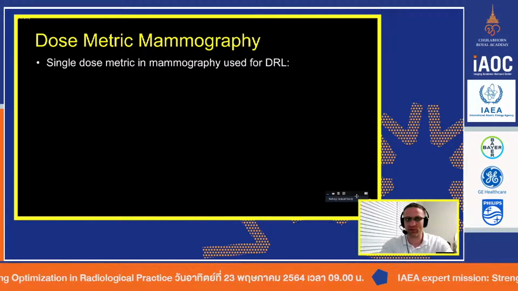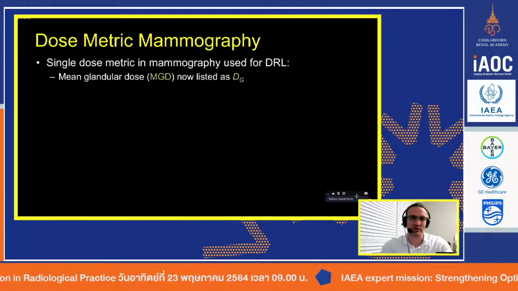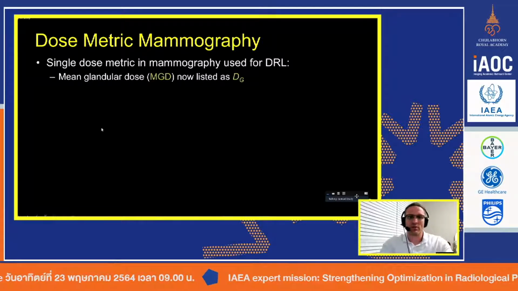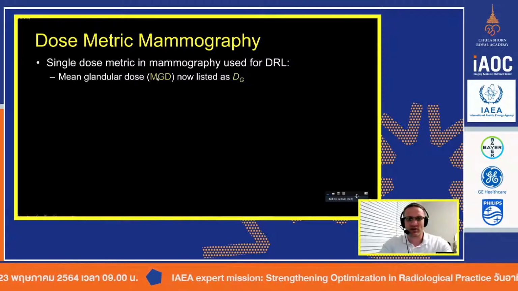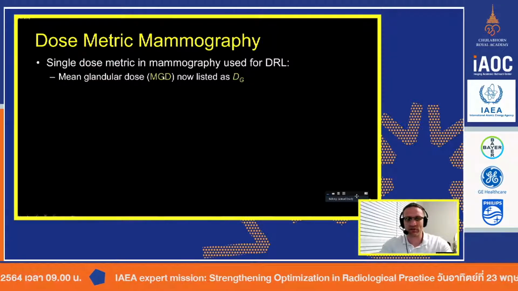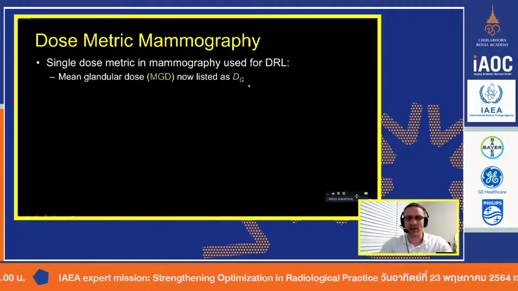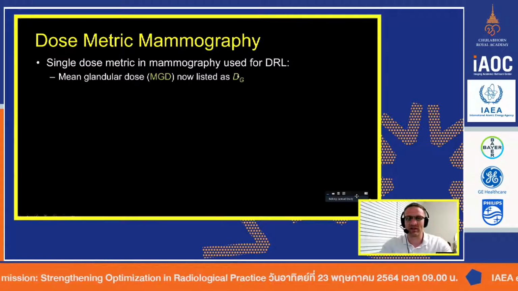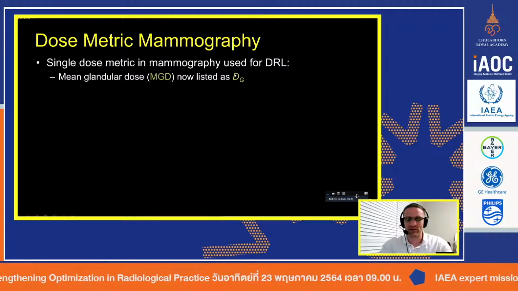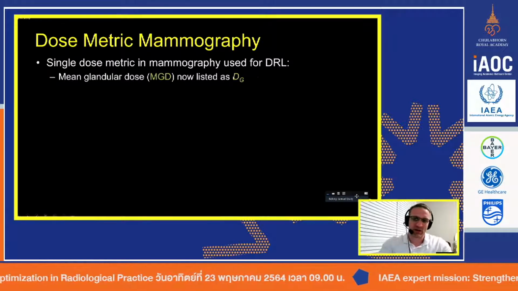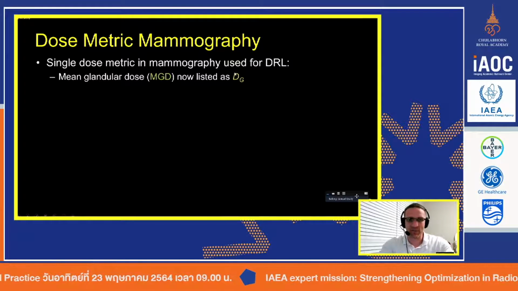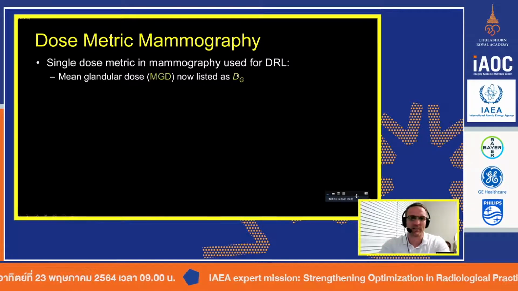It's the way we've been doing this for several decades now, and that is the mean glandular dose. Most publications still call it MGD, or mean glandular dose, but the IAEA and almost all international societies now list it as D sub G, which is glandular dose. So throughout this talk, I am going to refer to mean glandular dose as D sub G, just to be in line with the IAEA.